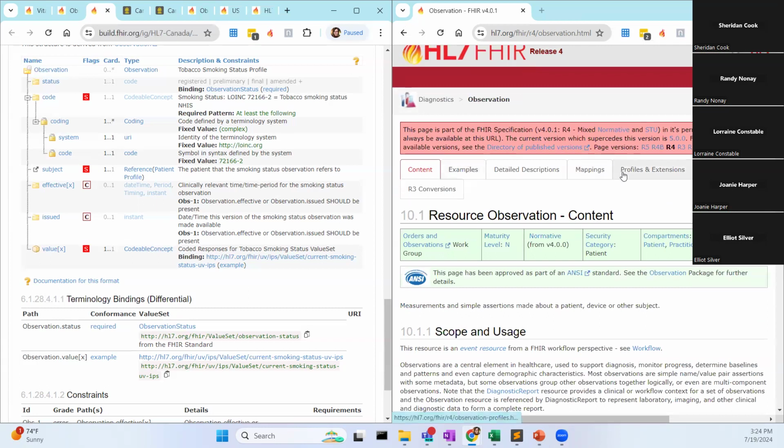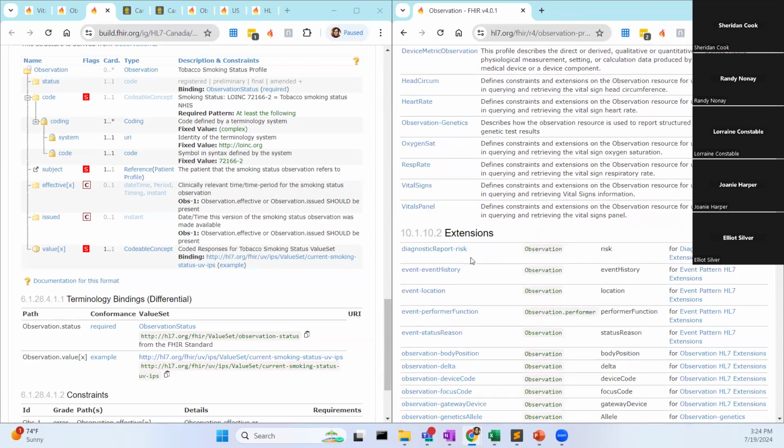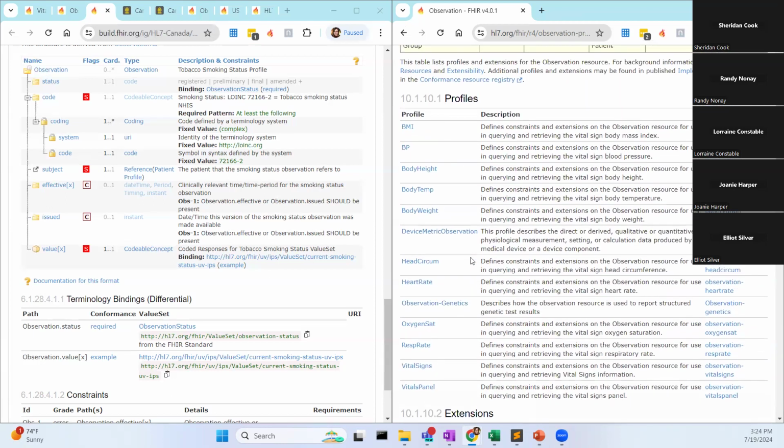Let's see, one second. I'm pretty sure there's not. There's probably something in social determinants of health and other places implementation guides, but not in the core spec. Is that universal realm or US? Social determinants of health is US, although we have a Canadian social determinants of health group, but the guide at least today is US. Yeah.